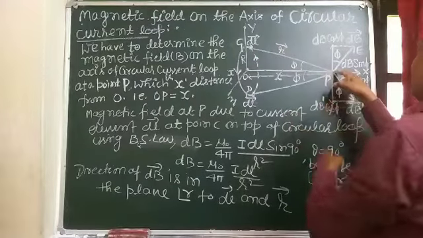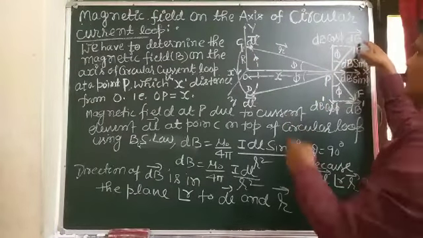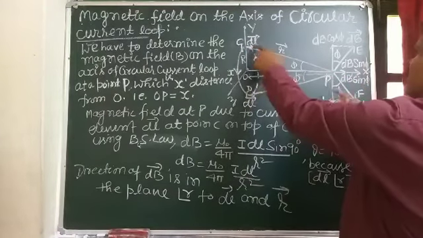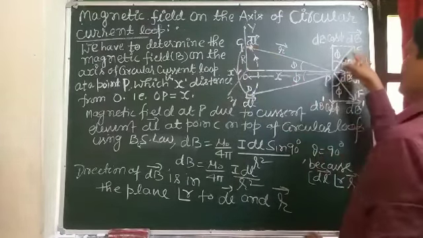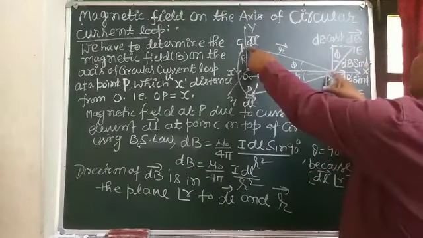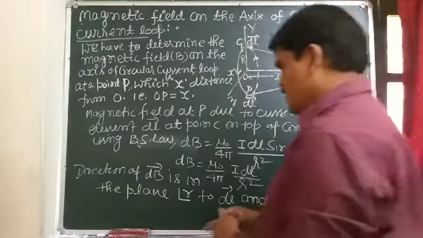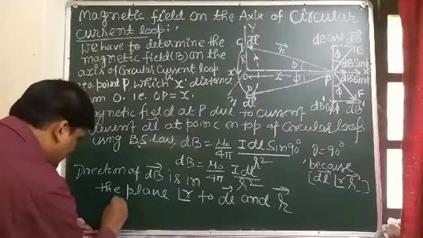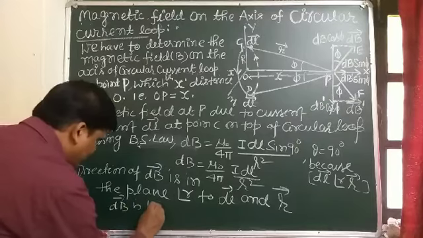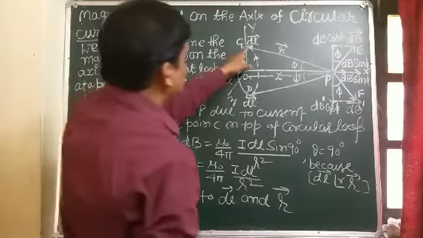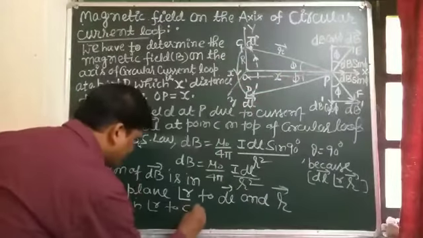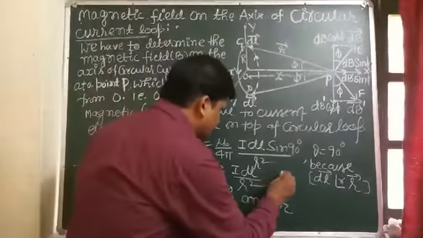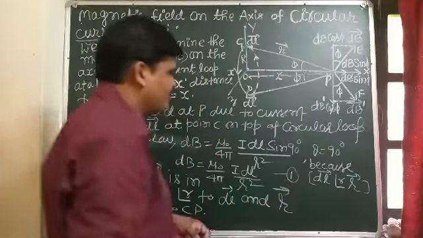So here magnetic field dB is perpendicular to the plane containing dl and r, and it is directed perpendicular to CP, and dB dash is perpendicular to CP. So this is equation 1, student.